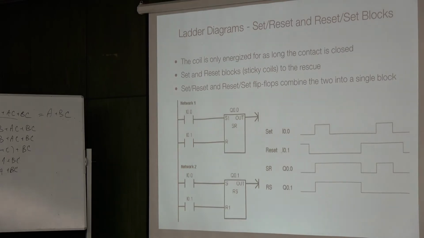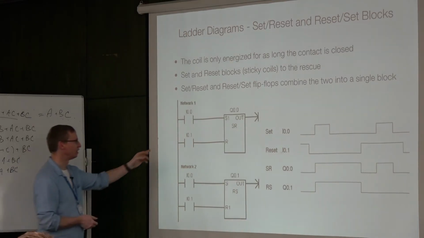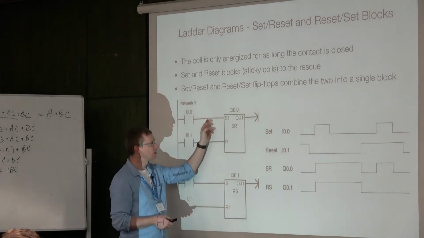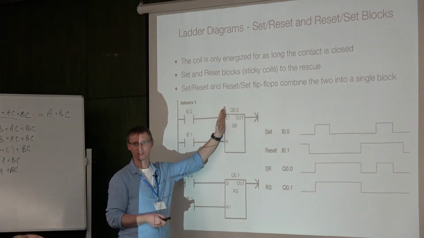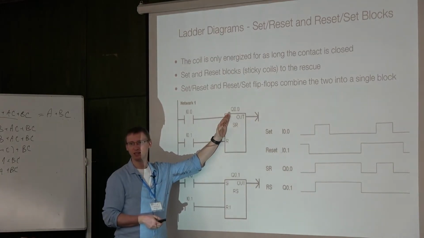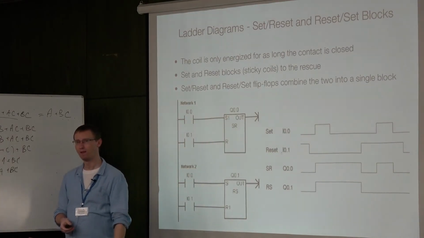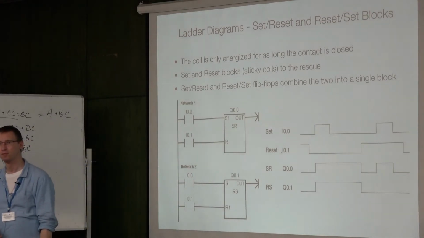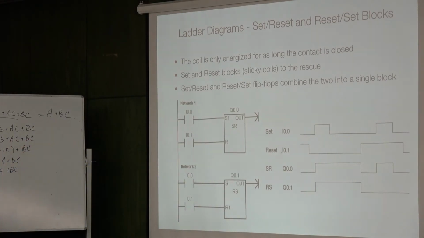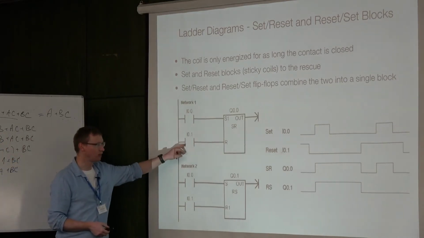Yeah. So is it executed from top to bottom? It is executed top to bottom, and even if we have multiple blocks on the same rung, I would say, then they are first executed left to right and then top to bottom. Which means it is the bottom input which takes precedence. Which bottom input? This one?